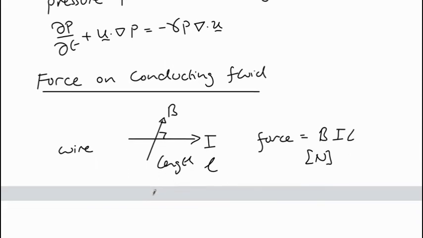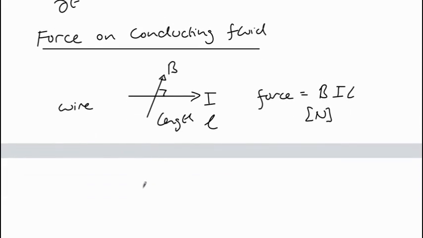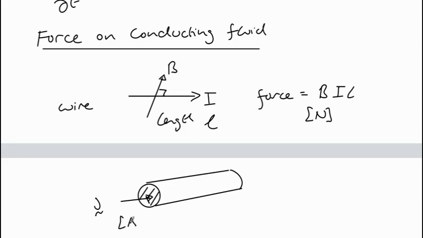Now if you have a small bit of fluid, a parcel of fluid with a cross section like this, carrying some current down through it, we have J, in amps per square meter, which is the current density.